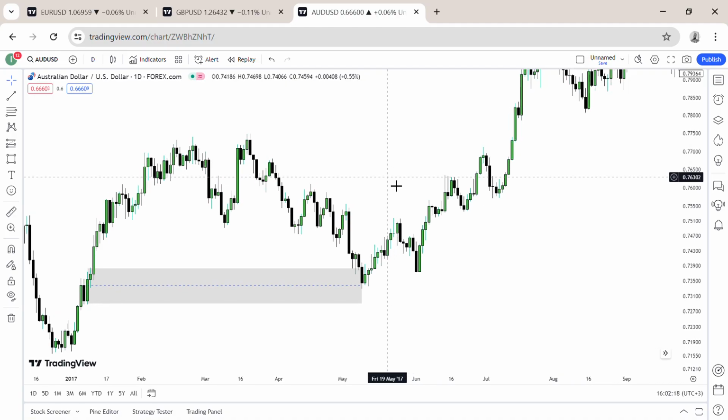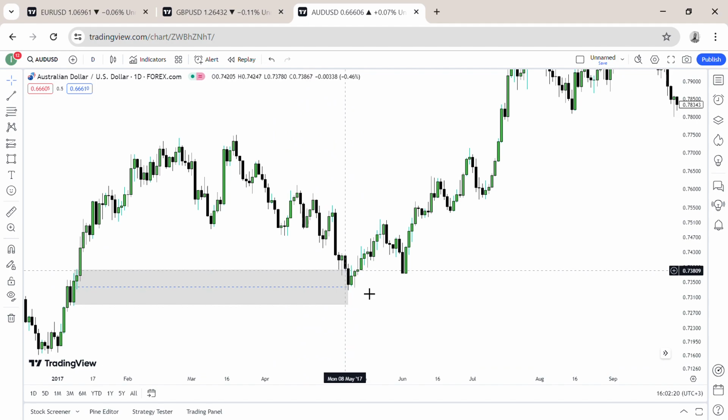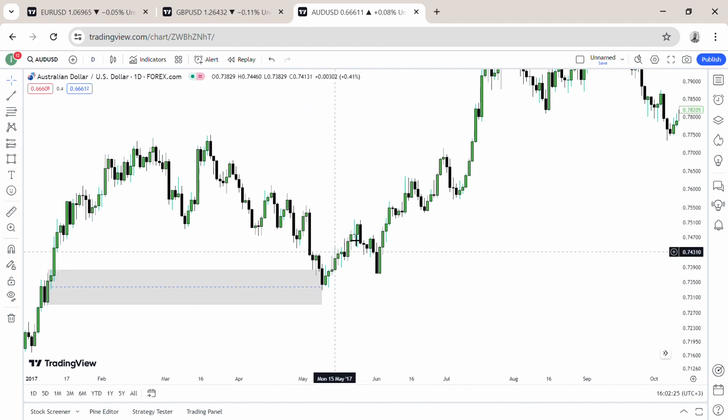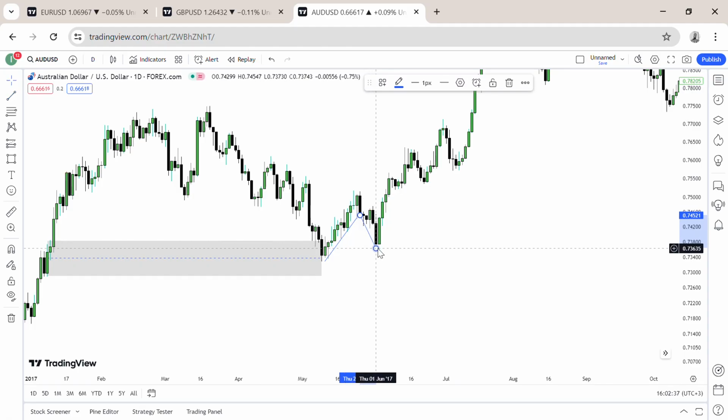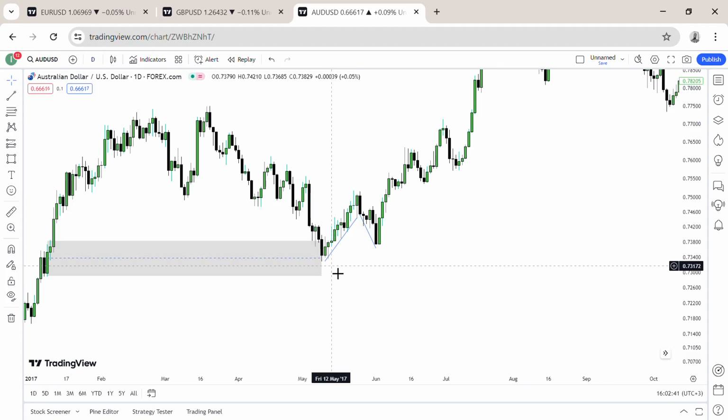Once the price tapped this order block, the price went back higher, as you can see, right from there to that point. The price immediately came back low like this, but you see, this low fails to break or displace below this previous low.